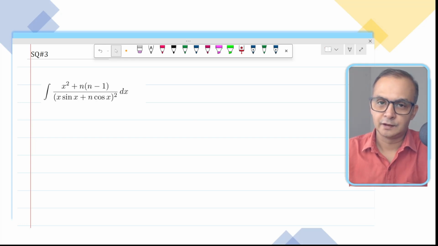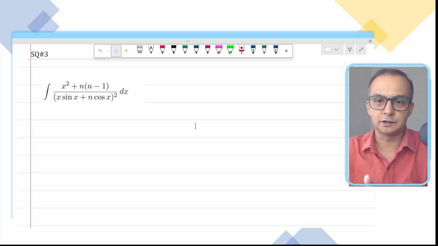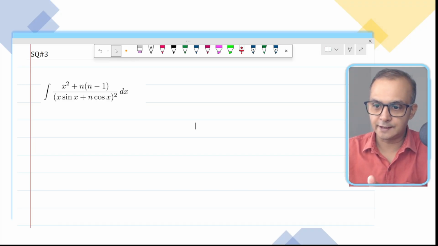And even if you know how to apply the techniques, the substitution, or integration by parts or anything, it leads us to a very long calculation. So in this scenario, we should learn how to think smartly sometimes. These are two questions of such type in which we can think smartly and get the answer quickly.